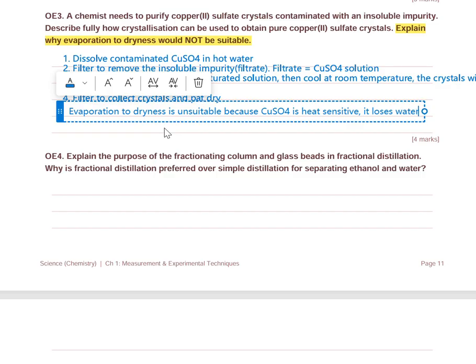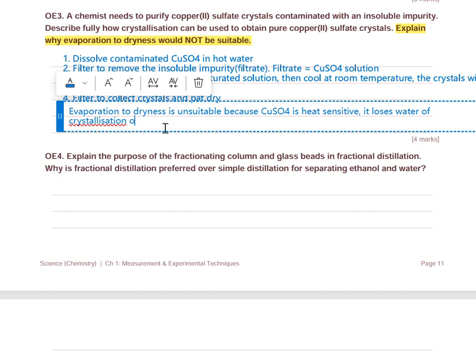It loses water of crystallisation on strong heating, giving a white powder instead of pure blue crystals. You can actually work this out, because crystals in science are usually blue, which is actually true by the way.